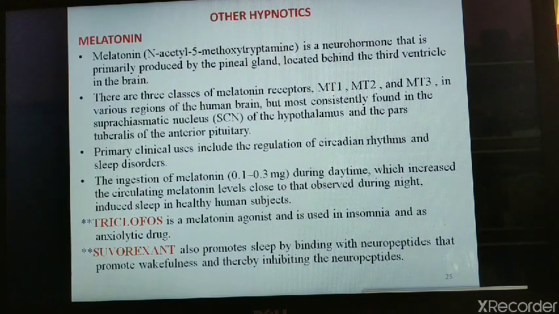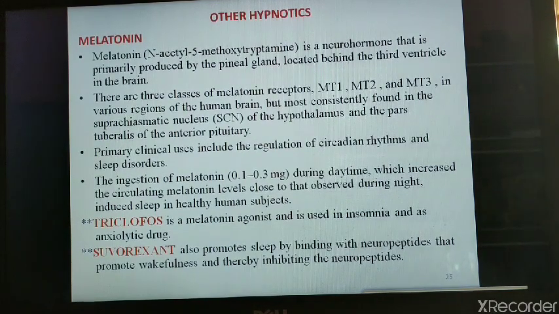MT1 and 2 are G-protein coupled receptors and are believed to carry out the function of facilitating sleep onset and fixing its timing in relationship to the circadian clock. Ingestion of melatonin 0.1 to 0.3 milligram during daytime increases the circulating melatonin levels in healthy human subjects.